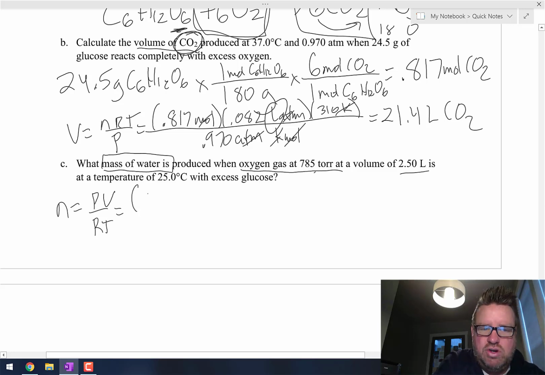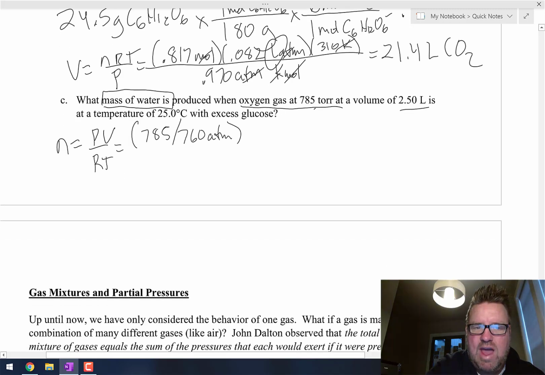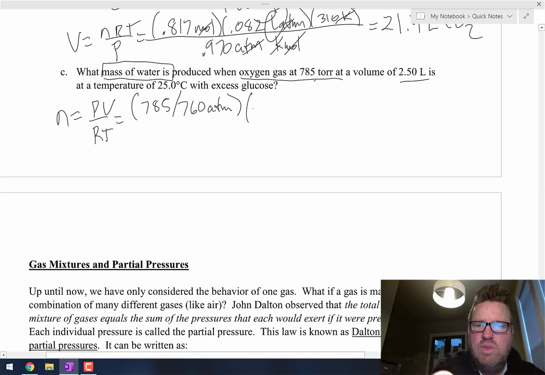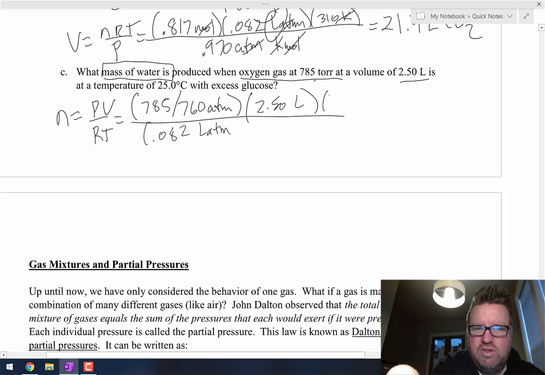So n equals PV over RT. So the pressure is 785 divided by 760, and that gets me to atmospheres. The volume is 2.50 liters. R is 0.082 liters atmospheres over Kelvin mole.